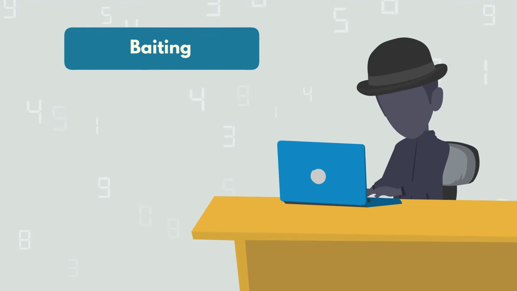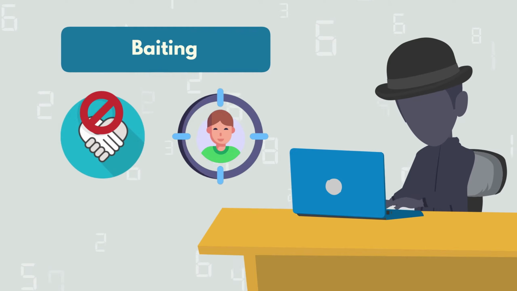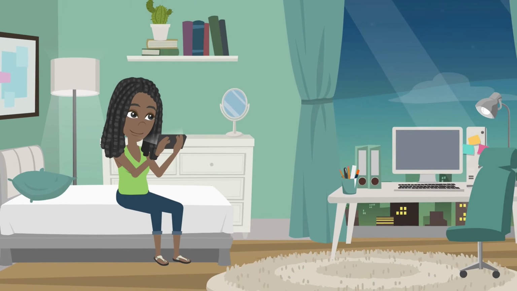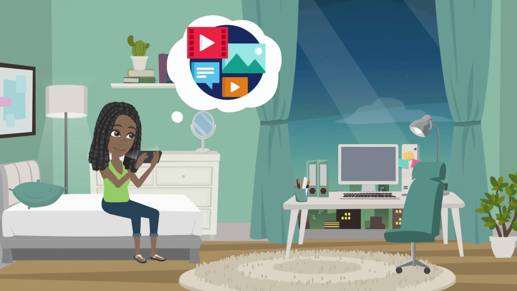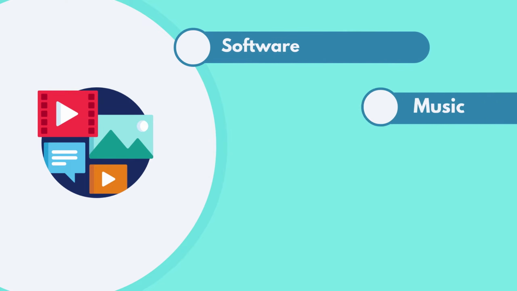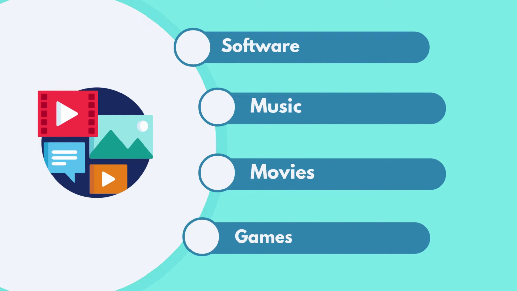Baiting is when cybercriminals make enticing false promises in order to lure victims into their trap. Cybercriminals may tempt potential victims with something they'd want, such as free or cheap digital content. This could be software, music, movies, games, or other online products.